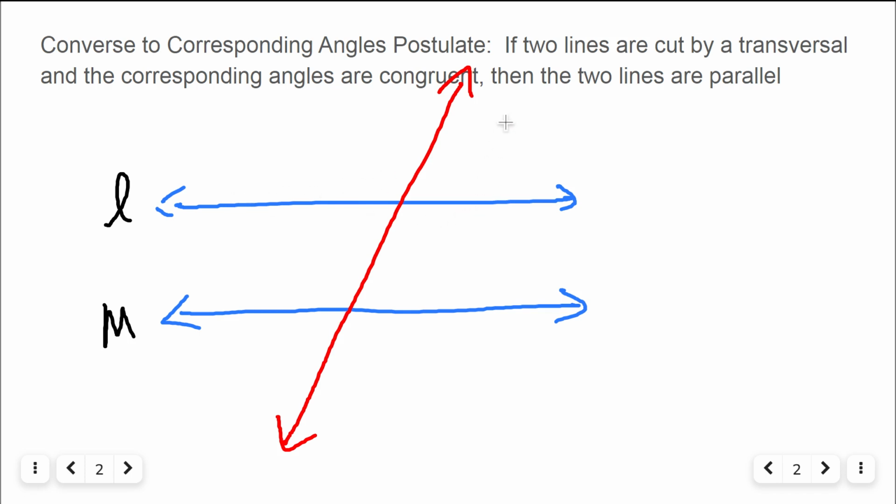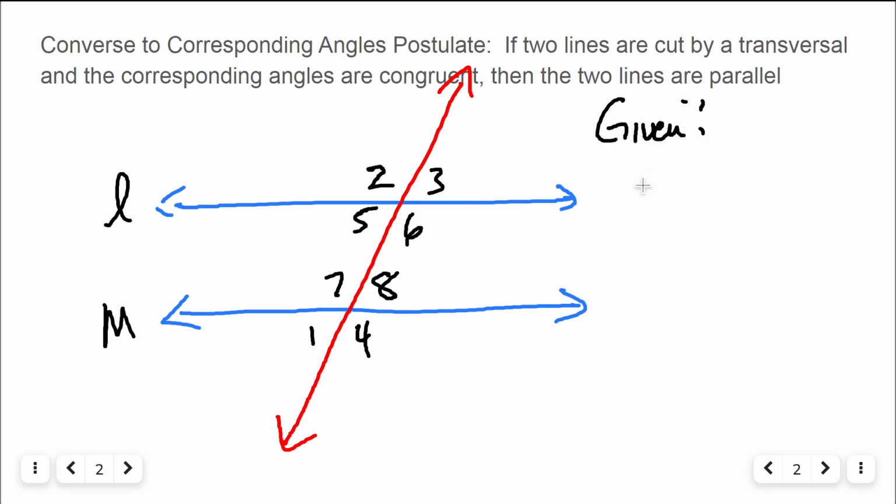So here's my picture. Let's say I had all my angles here. We'll call them 2, 3, 5, 6, 7, 8, 1, and 4. I don't know why I didn't skip 4 up here, but I did. All right. And let's say I told you you're given that angle 2 is congruent to angle 7.